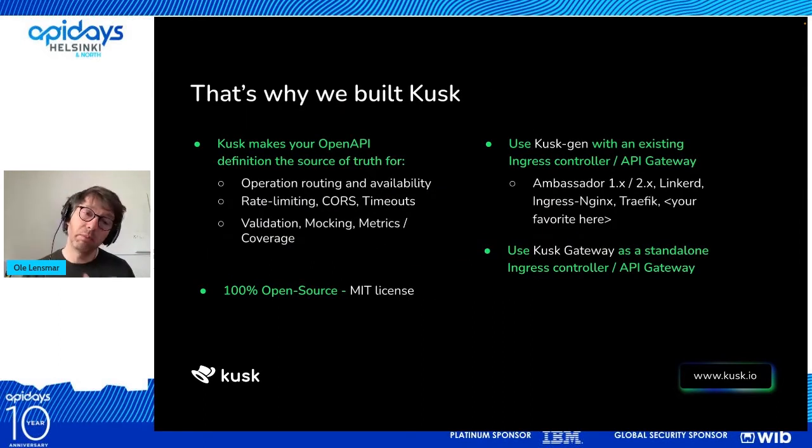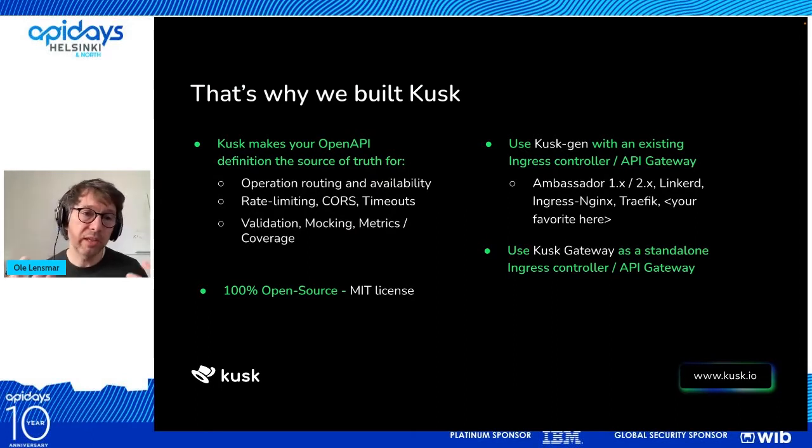And this is why we built a project we call Kusk, which is a Swedish word for coachman. Kusk is basically a project to help you automatically configure your gateway from your OpenAPI definition. It makes your OpenAPI definition the source of truth for all the functional aspects, as it is today already, but also more quality of service or operational aspects related to routing, rate limiting, CORS, which is a pain, as you might know, and timeouts.